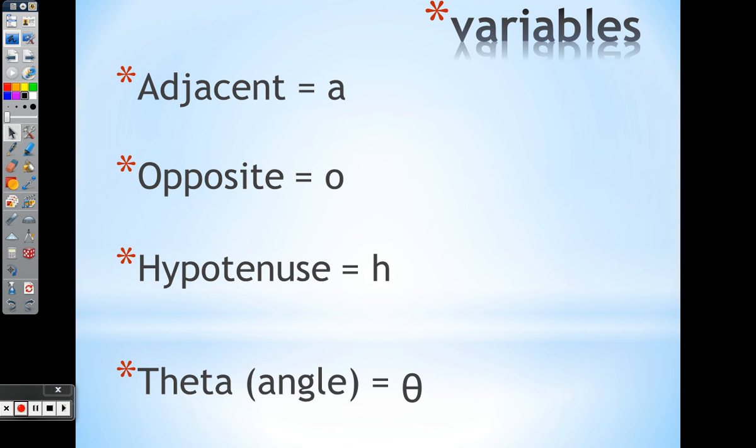For tangent, anyone know the equation for tangent? Opposite over adjacent. Okay, what is opposite over adjacent? The opposite side over the adjacent side of the triangle. Equals what though? You're giving me half an equation.